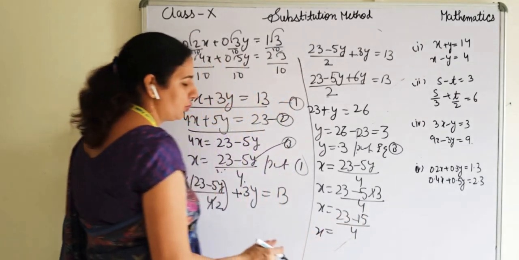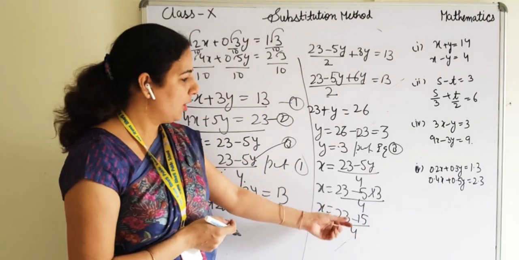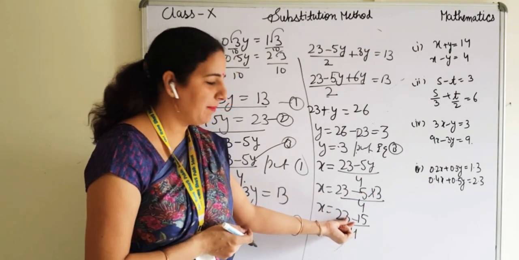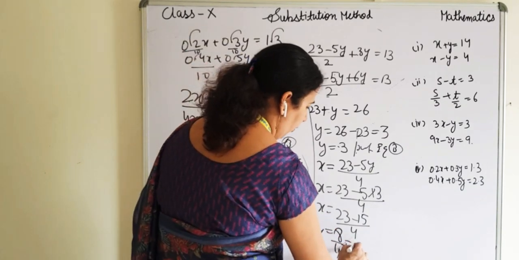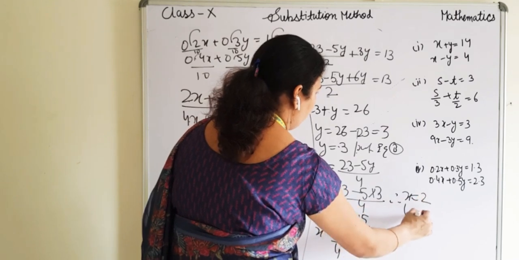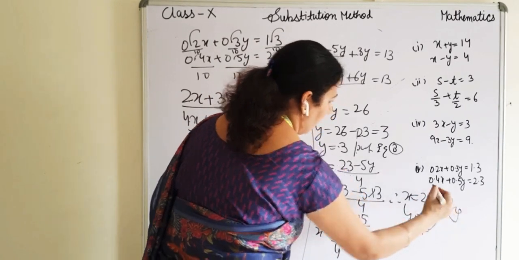Here we have to calculate the quotient for x. 5 times 3 is 15, so 23 minus 15 is 8. 8 upon 4 is 2. Therefore, x is equal to 2 and y is equal to 3. So this is the final answer.